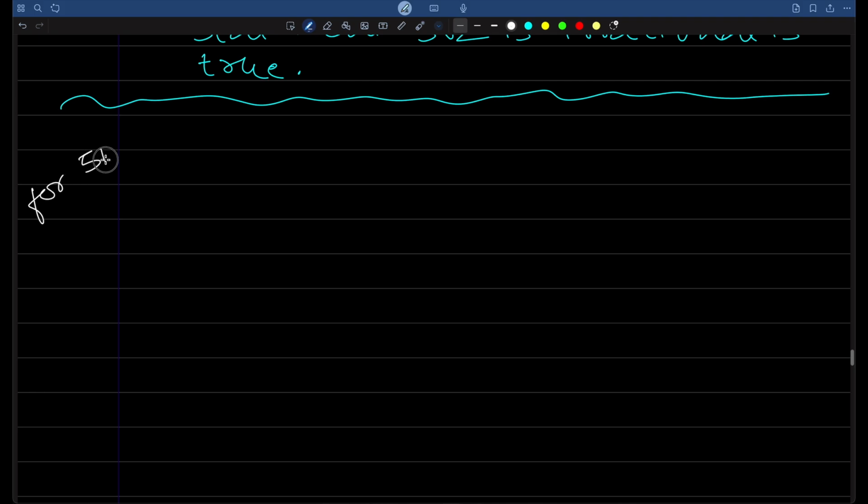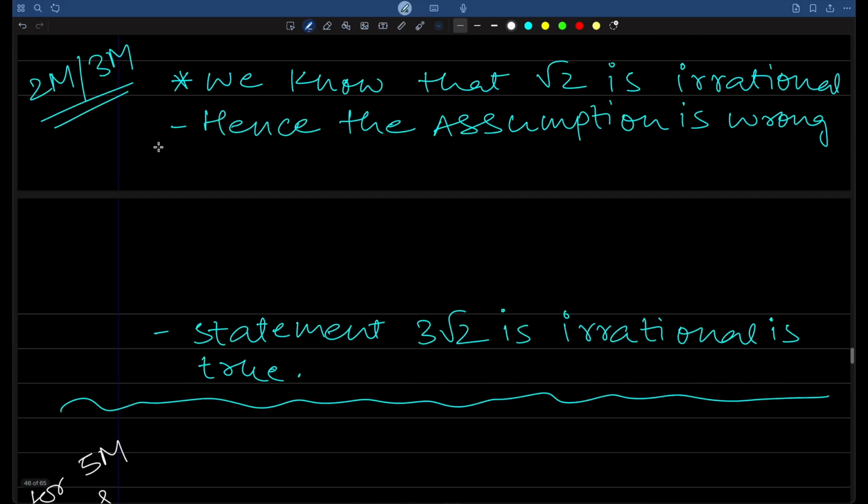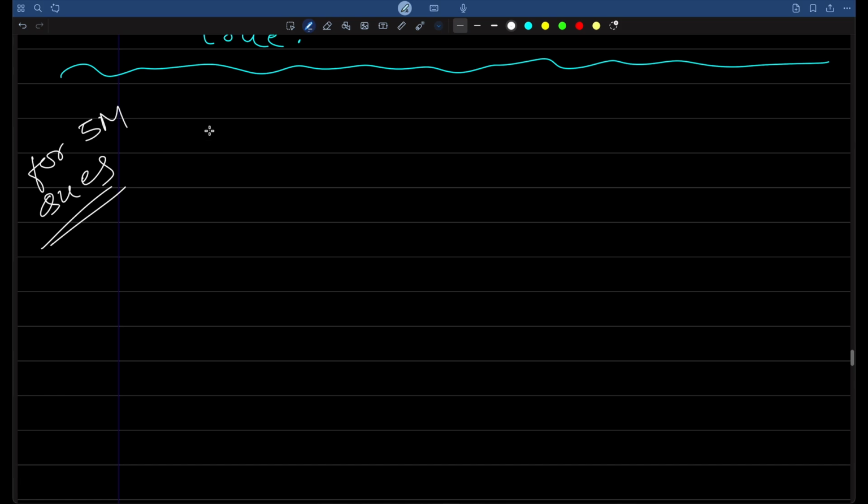For a 5-mark question, we have to prove that root 2 is irrational. Assume root 2 is rational; we have to prove this statement wrong.